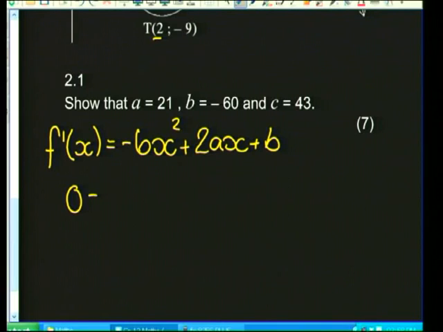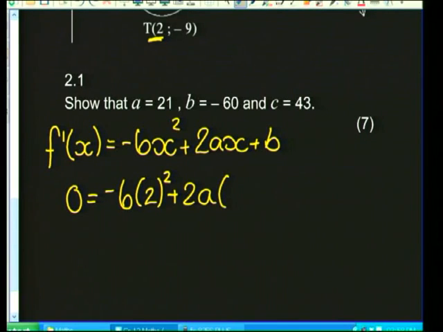So this is what we're going to do. We're going to make the derivative equal to 0, and we're going to take the x coordinate in each of the turning points, and we're going to substitute them into the derivative equation. Let's see what that looks like. So my derivative is going to be made equal to 0. I'm going to use my first x coordinate of my turning point, which is 2, and I'm going to substitute that into the x's.